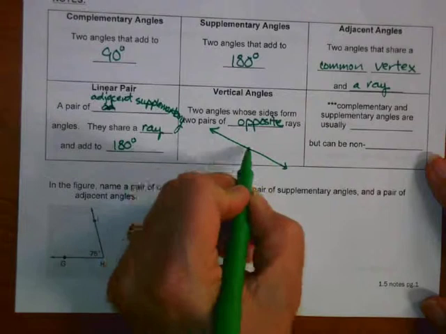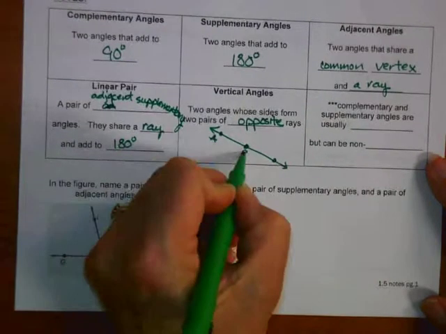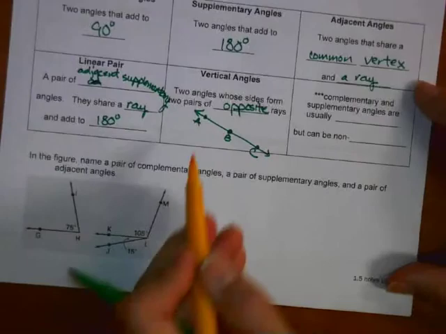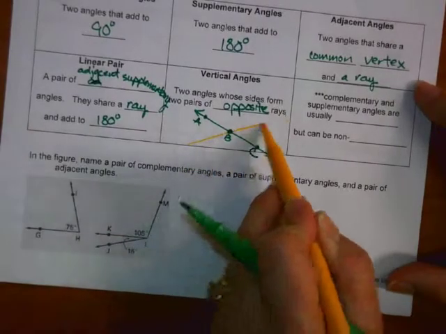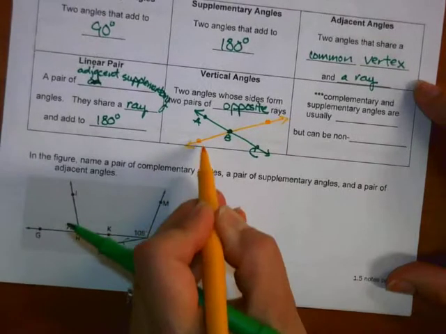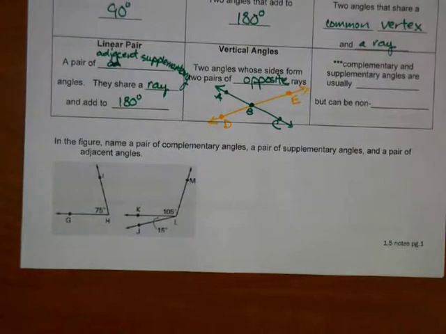Well, I'm just going to draw opposite rays here, A, B, and C. Those are opposite rays, right? If I draw another line through here, and just call that D and E, I now have two pairs of opposite rays, right?